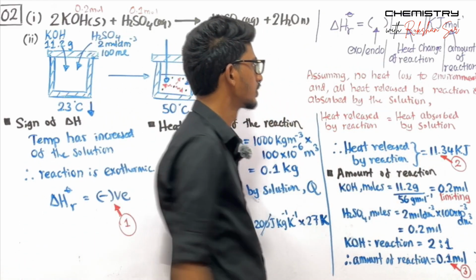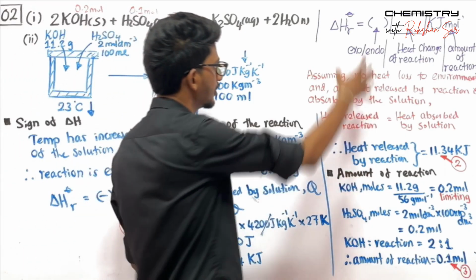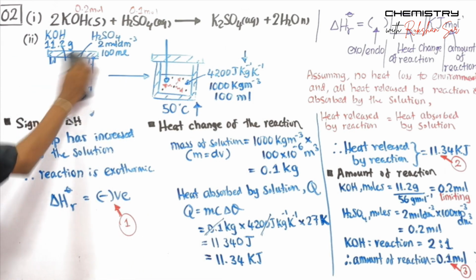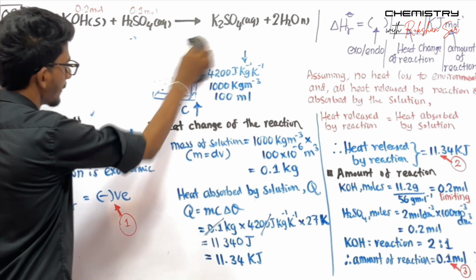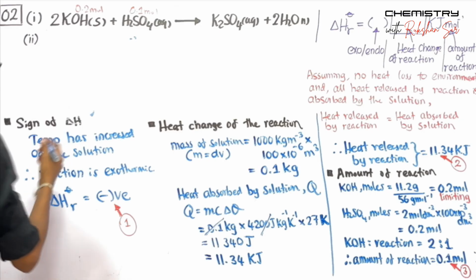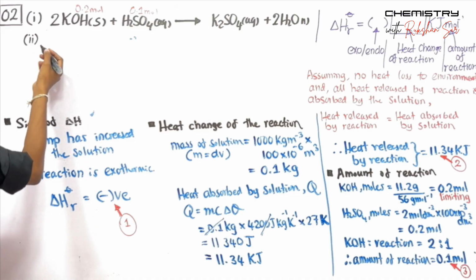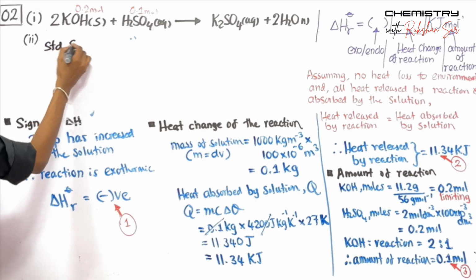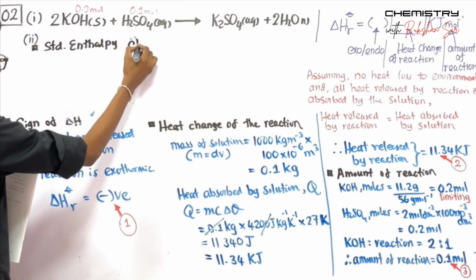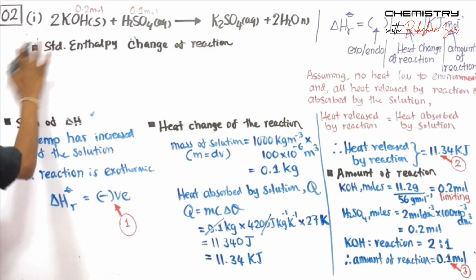So let's combine the three to come up with the delta H naught R. So the final thing is coming up with the delta H naught R, that means the standard enthalpy change of reaction.